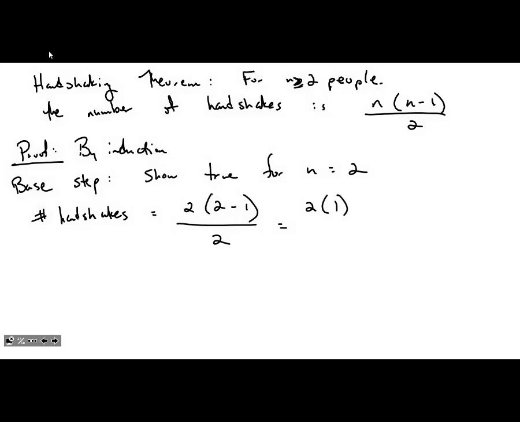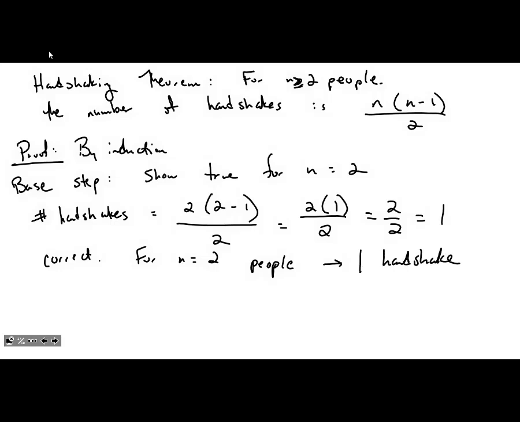That's 2 times 1 over 2. That's 2 over 2, which equals 1. Now, notice this is correct. For n equaling 2 people, 1 handshake occurs. When I shake your hand, we're 2 persons, but there's 1 handshake.